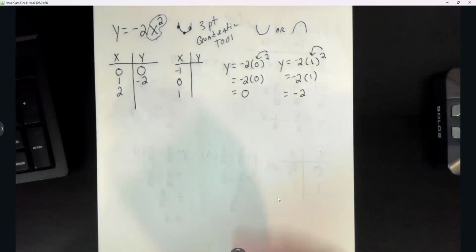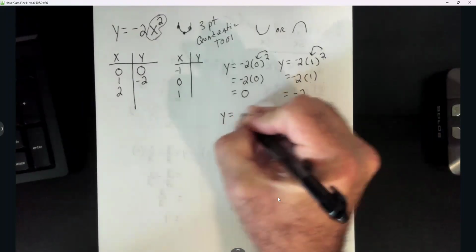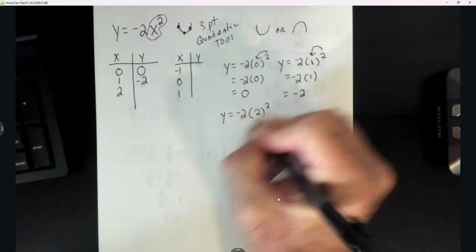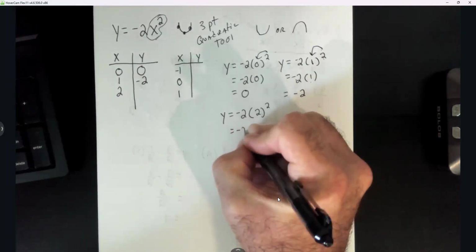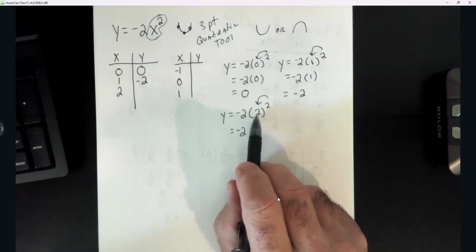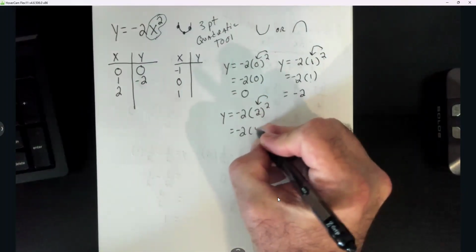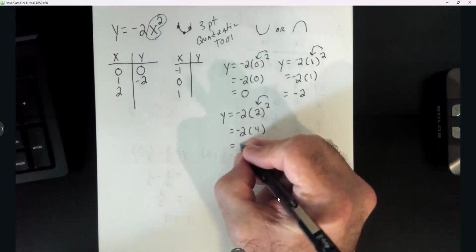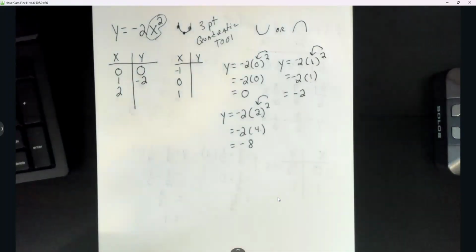All right, y'all, then I'm going to put in a 2. Y equals negative 2 times 2 squared. Once again, I would bring down the negative 2 and do my exponent first. So 2 squared would be 2 times 2, which is 4. And then look here, negative 2 times 4 would give me a negative 8.